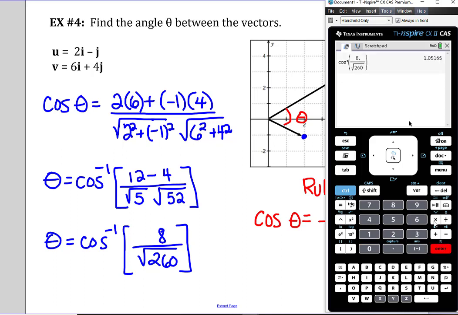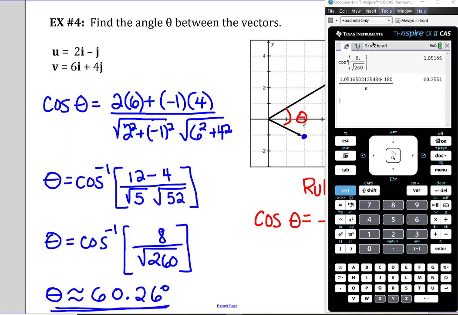And then converting that to degrees, multiplying by 180 and dividing by pi, we have an angle of about 60.26 degrees. So our angle is roughly 60.26 degrees.